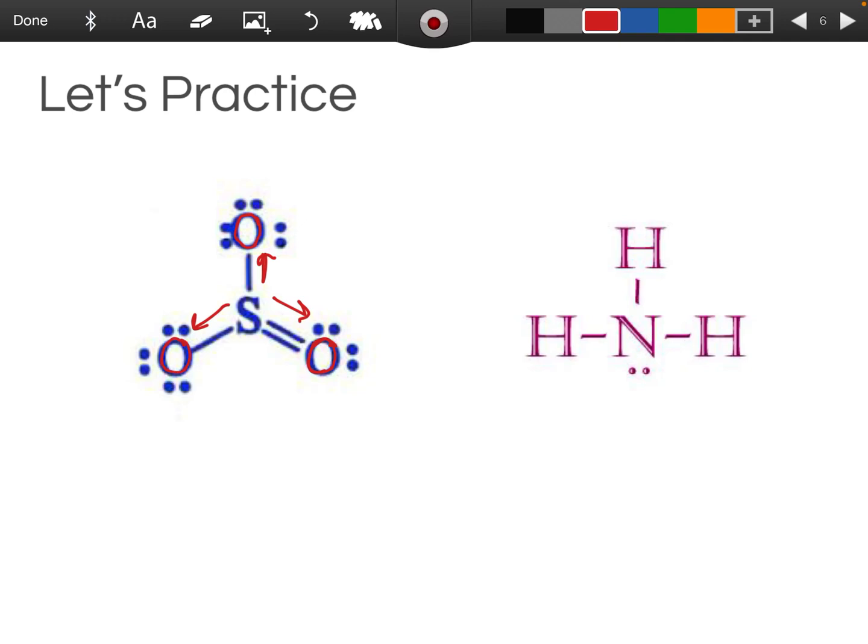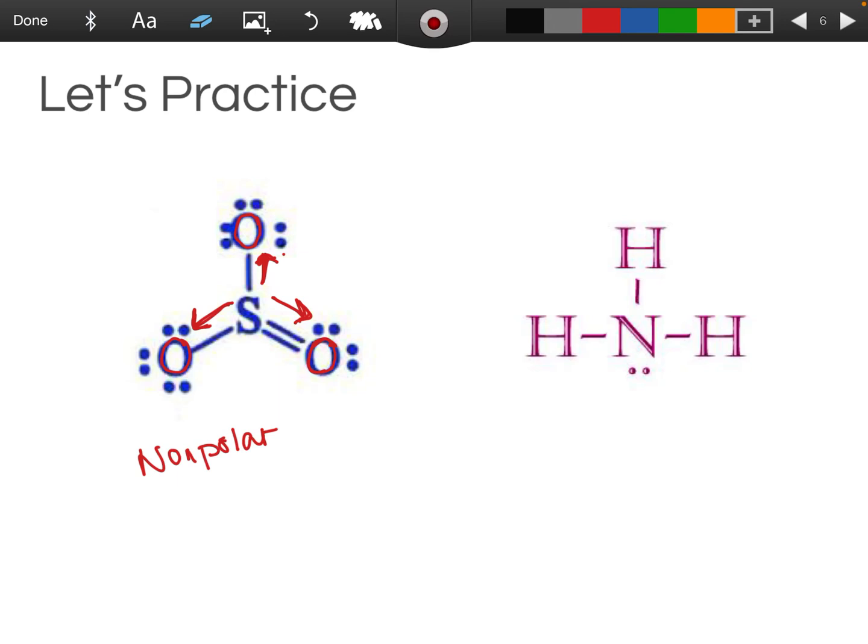So these would be pulling equally. Sulfur does not have any lone electrons around it, so this molecule would be nonpolar. This one is tricky because it does have these double bonds, which is different, but the strength of the pull is going to be determined from the actual element itself and not the number of bonds.